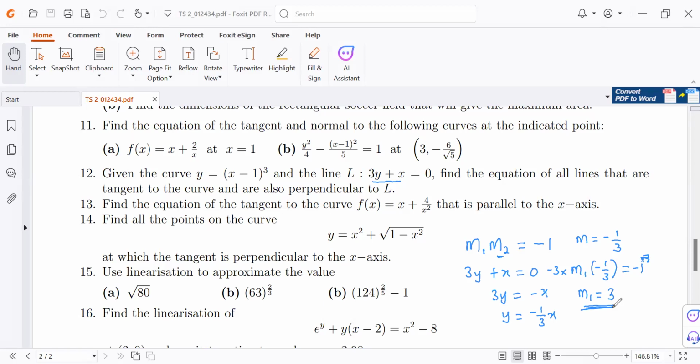The second thing now is we need to go to y equal to (x minus 1) to the power 3 and find the lines that are tangent to that curve. So we'll do this on the board.